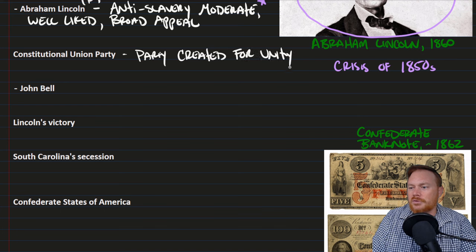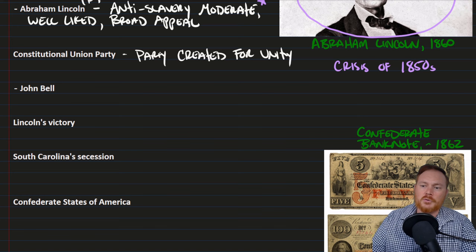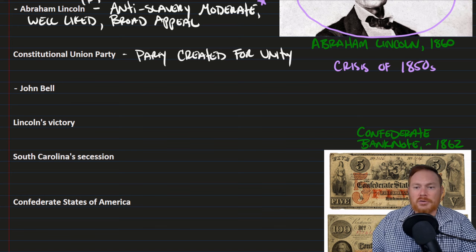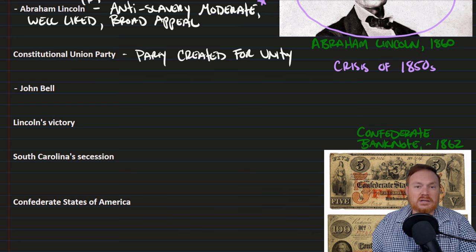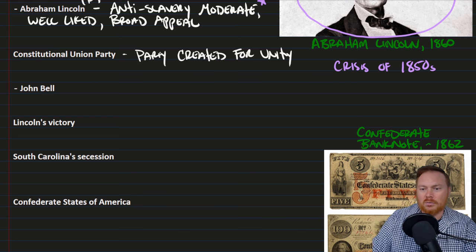They see Northerners and Southerners becoming further divided on this issue of slavery. And they're hoping that in this election, maybe they can come together and appeal to the national identity of Americans, say, look, why can't we all just get along? I like to sometimes call the Constitutional Union Party the party of why can't we all just get along?